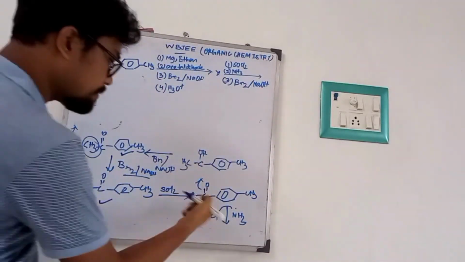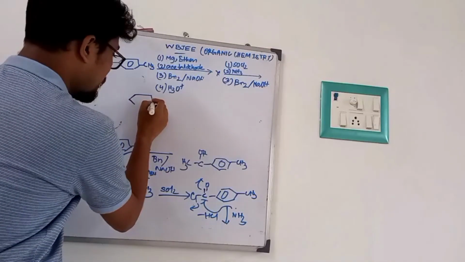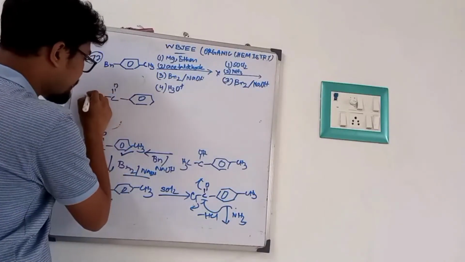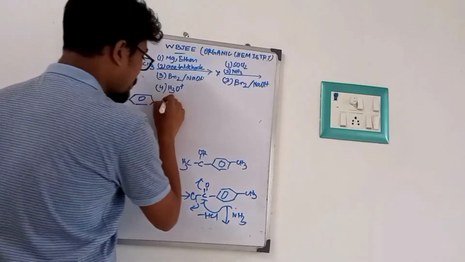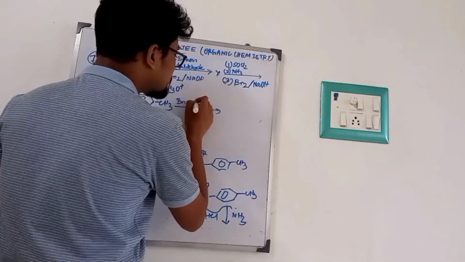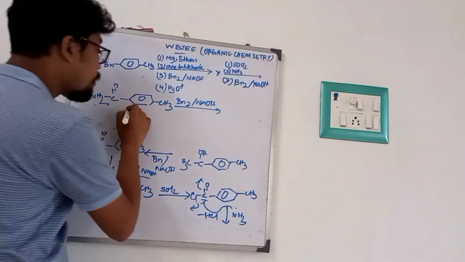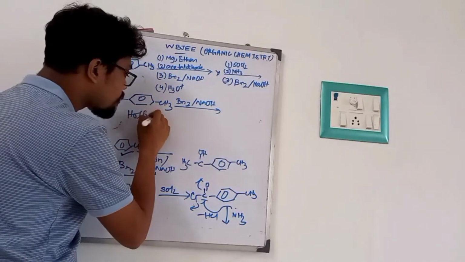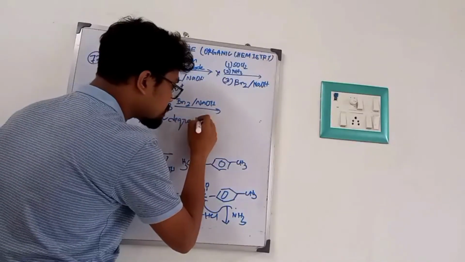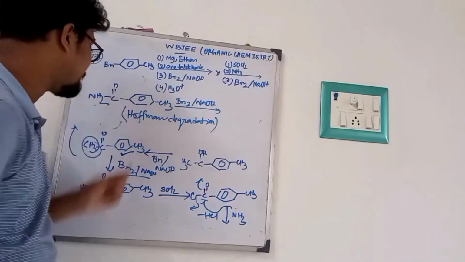If HCl is removed, what happens? We get an amide. And if we give Br2 in presence of NaOH to the amide, then Hofmann degradation takes place. That means one-carbon-less amine.